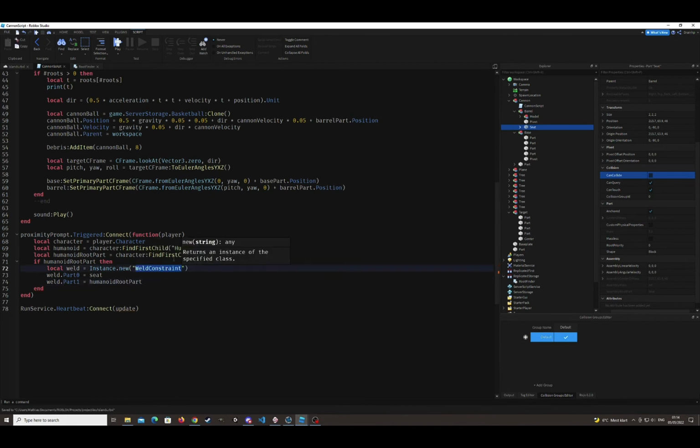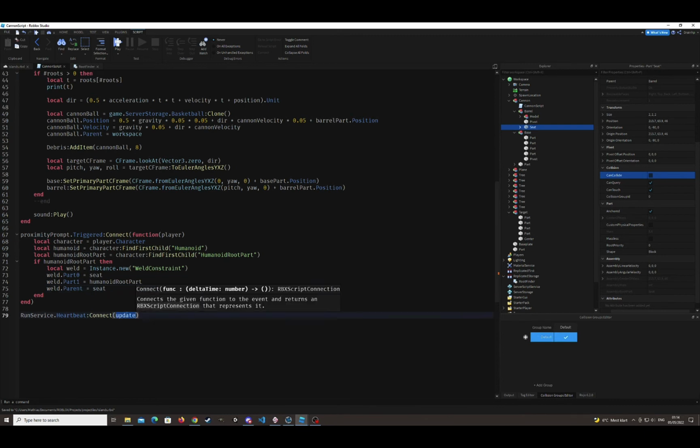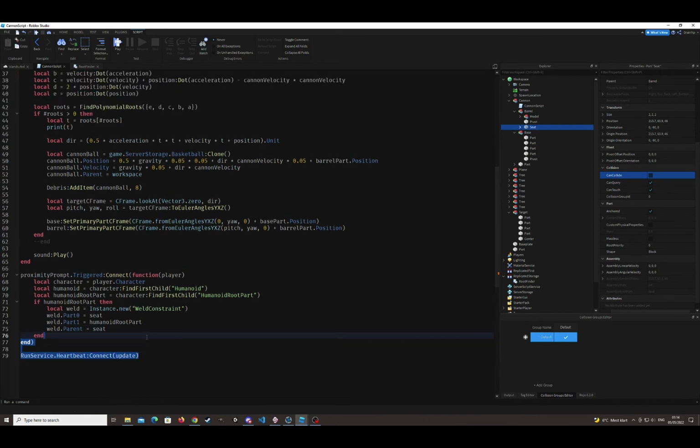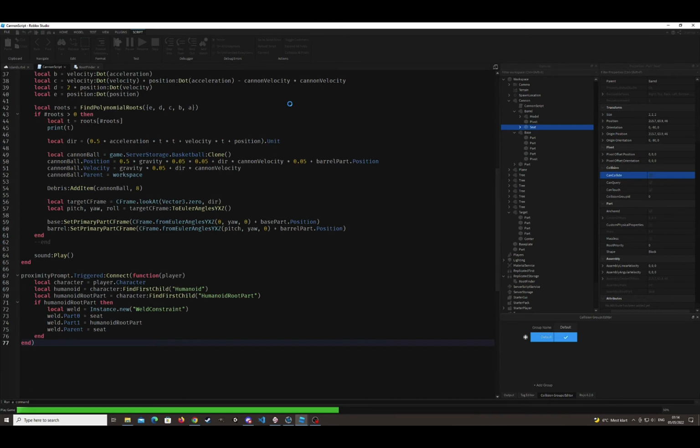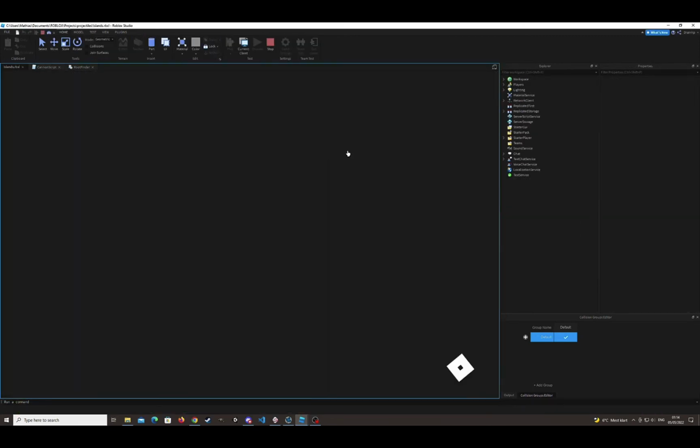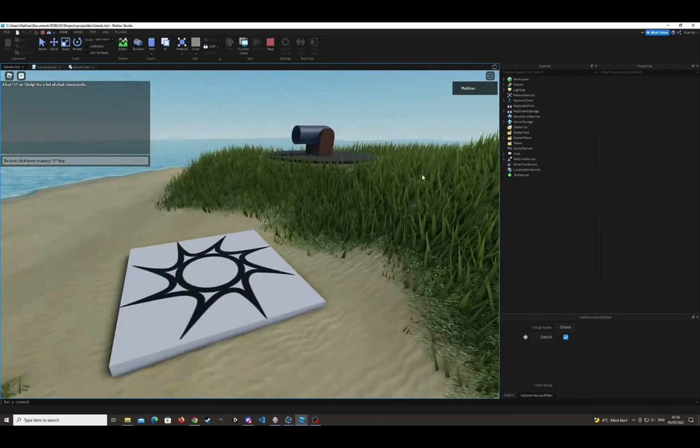I think weld constraints, the way they weld parts depends on how they're positioned relative to each other before, when the weld constraint is created. So if I do this, we can get rid of that. I just want to see if this works.